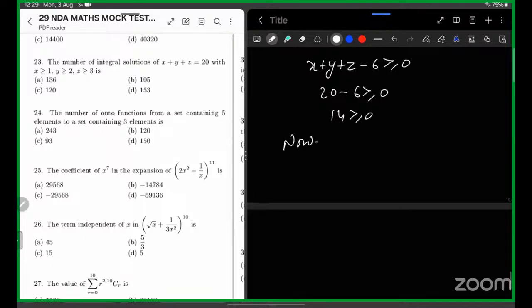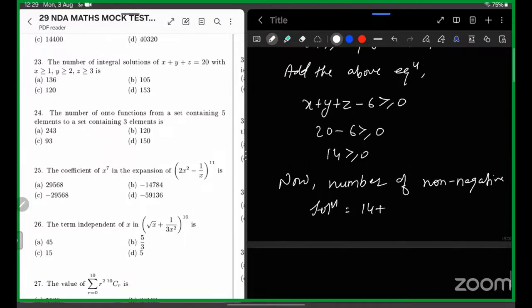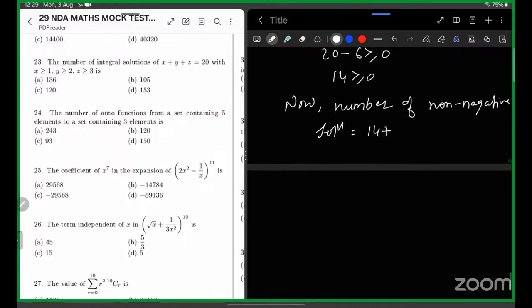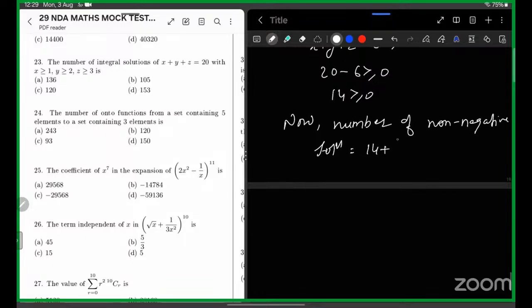So, the number of non-negative solutions will be given by 14 plus how many variables are there? x, y, z, three variables are there. So 14 plus 3 minus 1 choose 3 minus 1. Solve it.